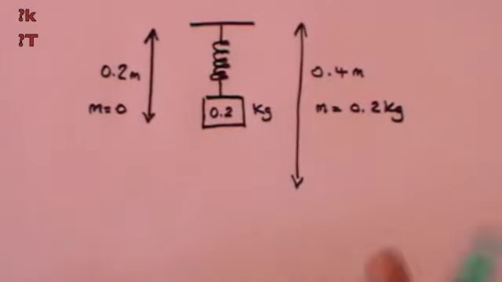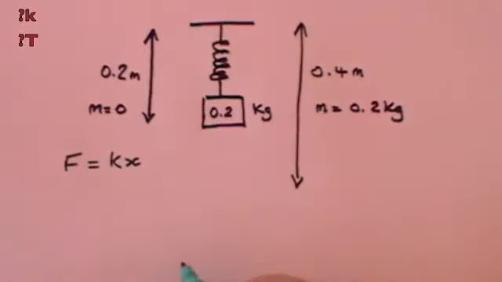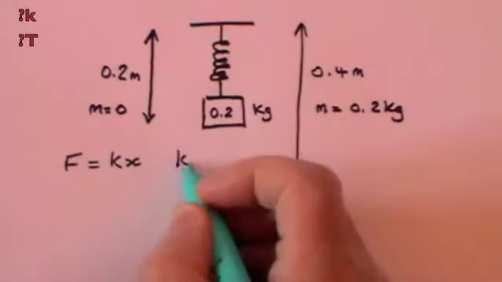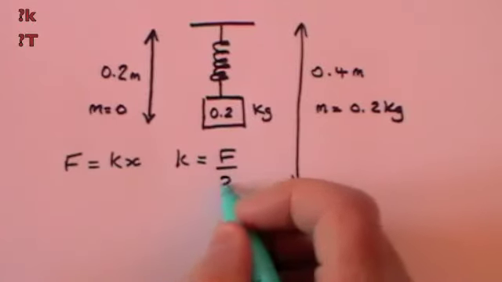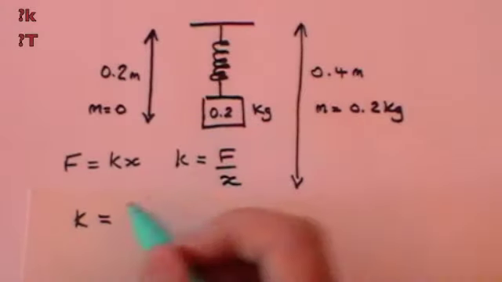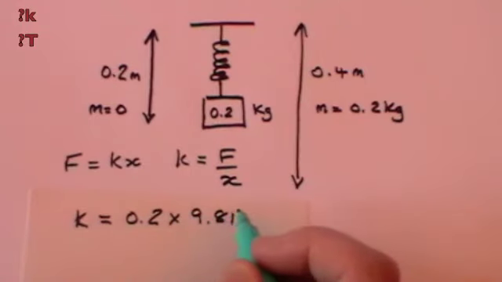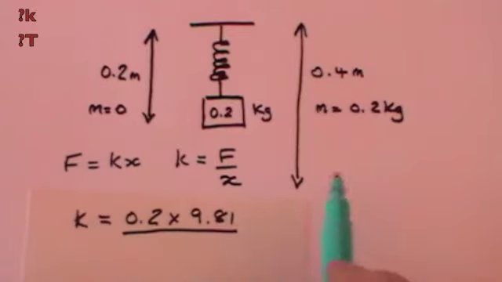Well, to find the stiffness constant or spring constant, we use the formula that the force is equal to the stiffness constant K times the extension, which means that K is equal to F divided by x. And that gives us that K is equal to the force, which is 0.2 kilograms multiplied by gravity, so mg is the force, divided by the extension.